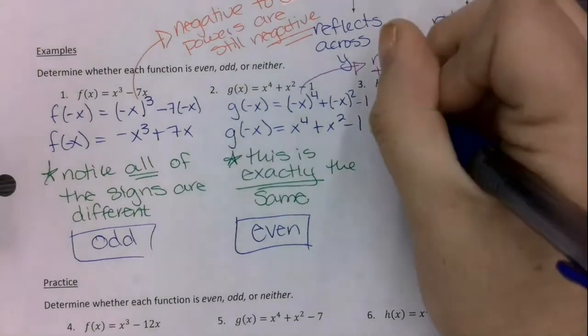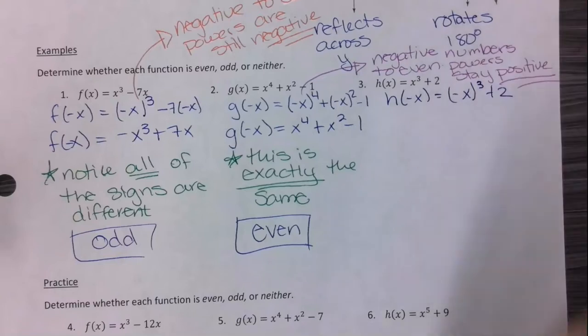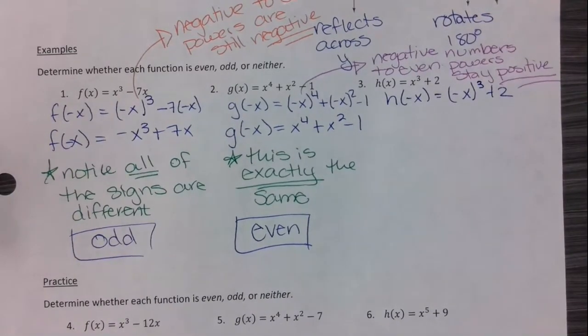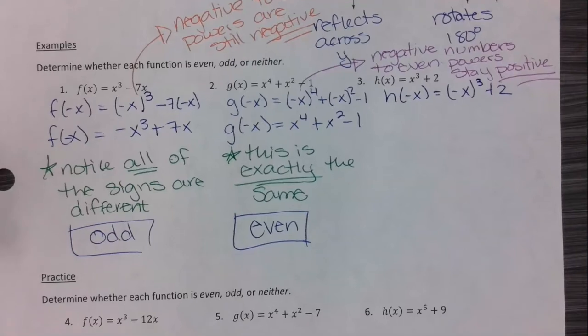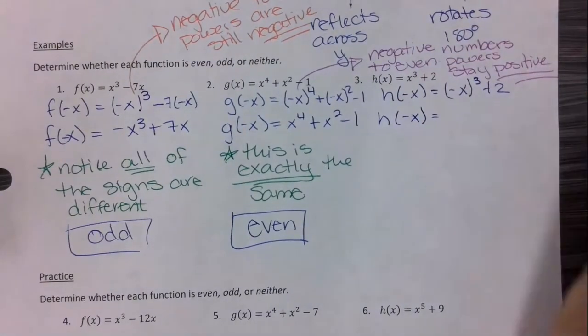Okay, so I'm going to do the same thing on number 3. I'm going to plug in negative x. And negative x cubed is negative.